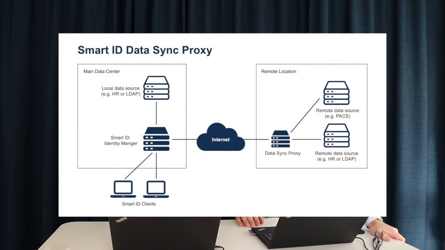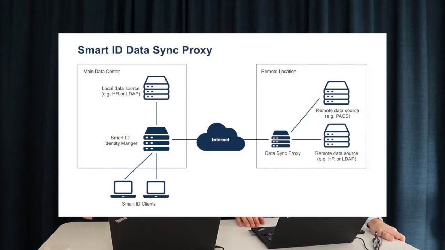So the Smart ID solution can be deployed in one data center, and maybe you have a directory or database in another data center which is not directly connected. So the data sync proxy is basically using outbound HTTPS communication. So no need for VPN, etc. But you can sync users or data, basically whatever you want to do.